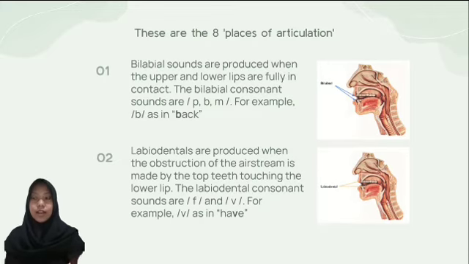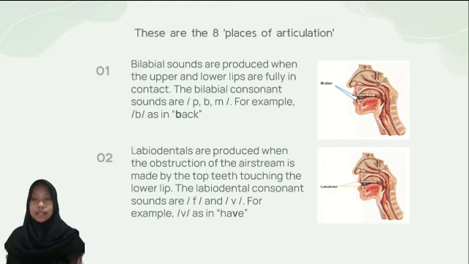These are the 8 places of articulation. The first is bilabial. Bilabial sounds are produced when the upper and lower lips are fully in contact. The bilabial consonant sounds are P, B, M. For example, B as in back.